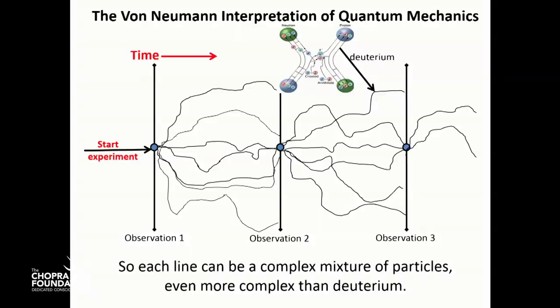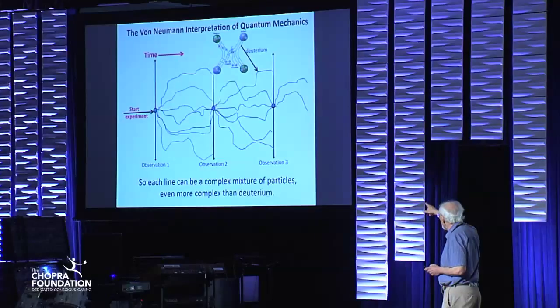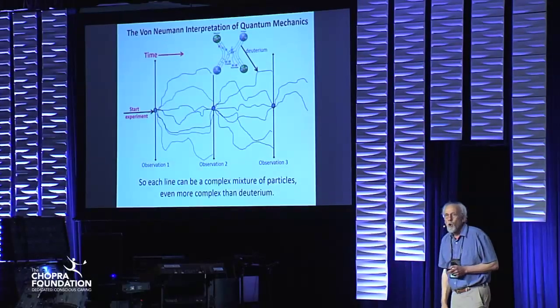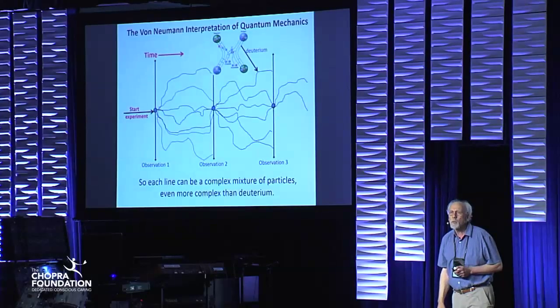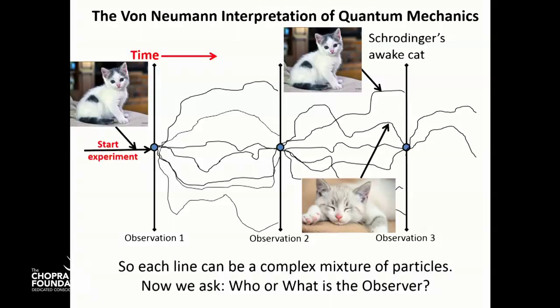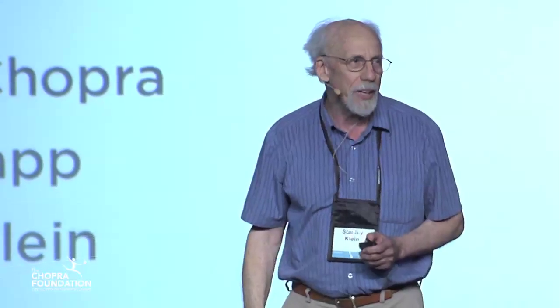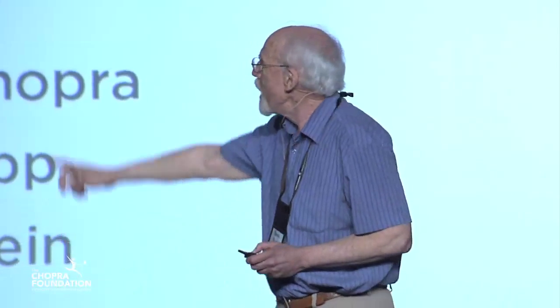Or maybe it can be even something more complicated than deuterium. Maybe it could be a cat that's alive, or Schrödinger had it as being dead, but this is a sleeping cat. So we can have a cat that's a superposition of being alive or sleeping.